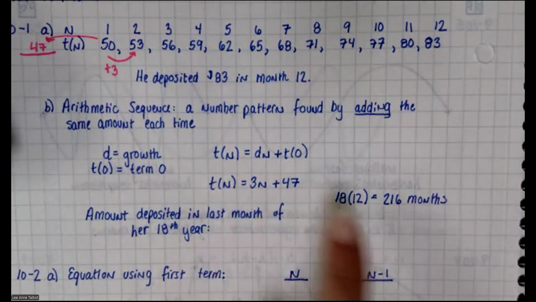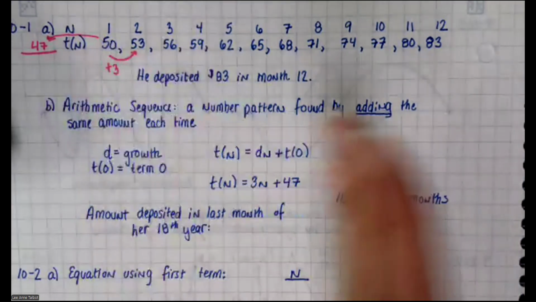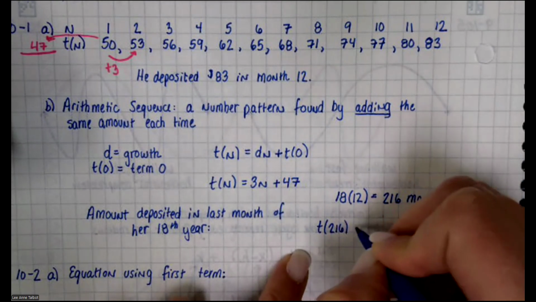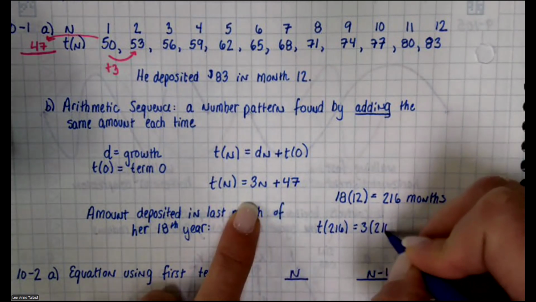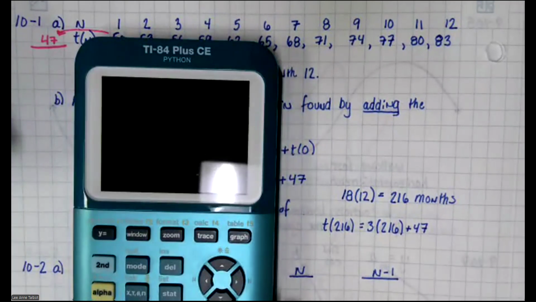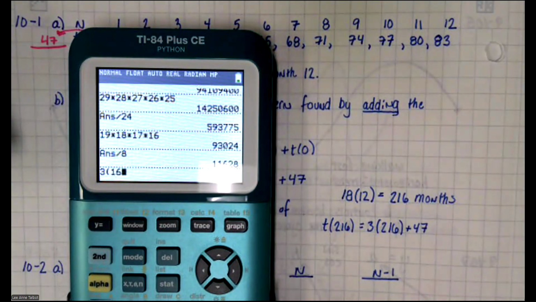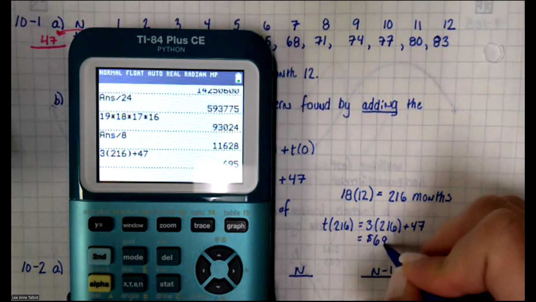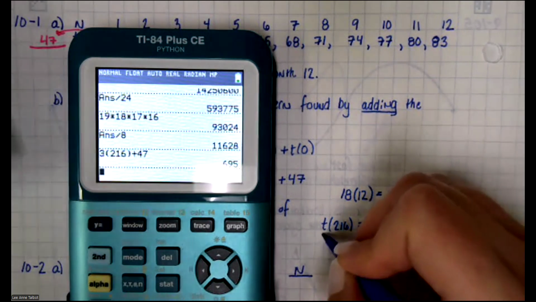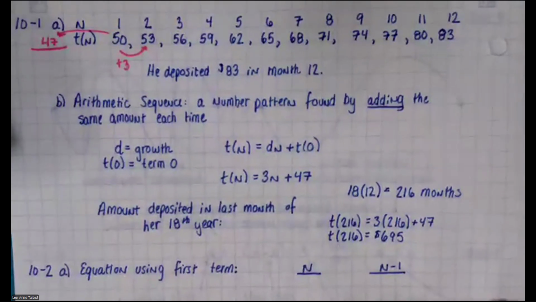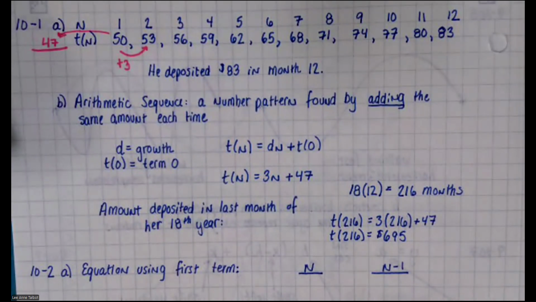So the best part about the equation is I can plug in 216 instead of listing out 216 numbers. That means that her uncle put in almost $700 on that last month. That's a lot. That's a lot.